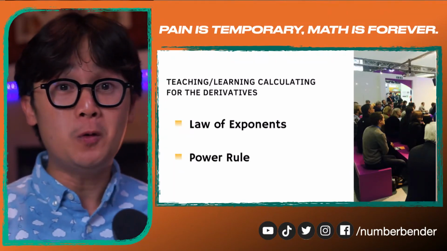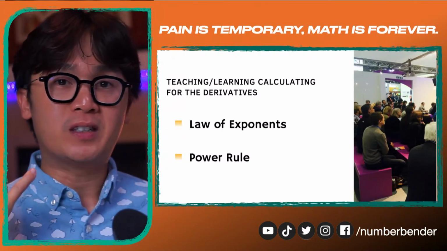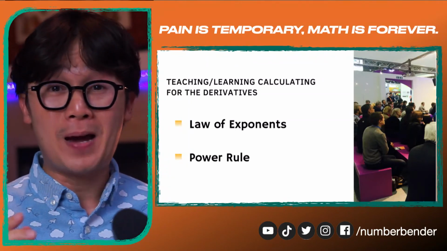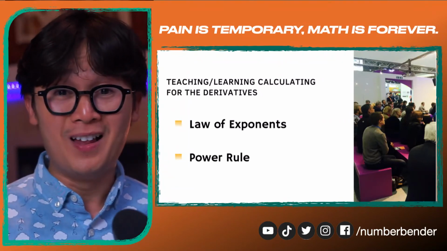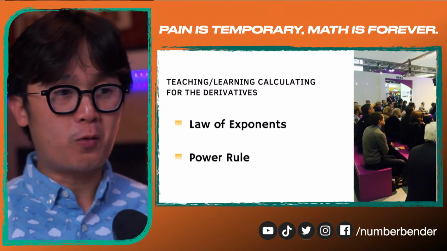And tip number 2, power rule. That will be your priority when you are working with derivative rules. So try to convert your functions so that you will end up using the power rule instead of the quotient rule or the chain rule or the product rule.